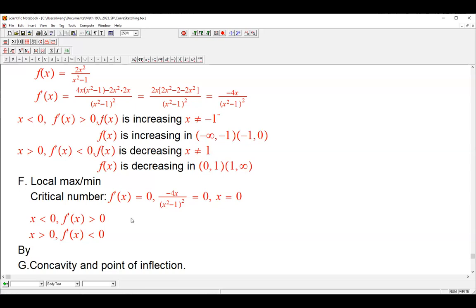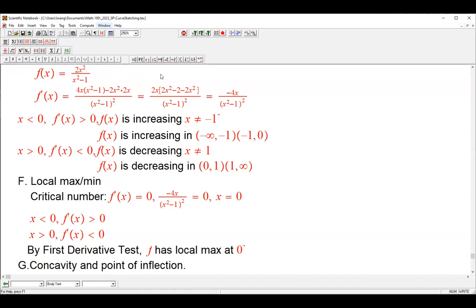By the first derivative test, f has a local max at 0.